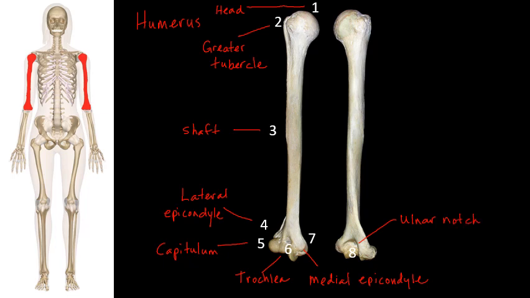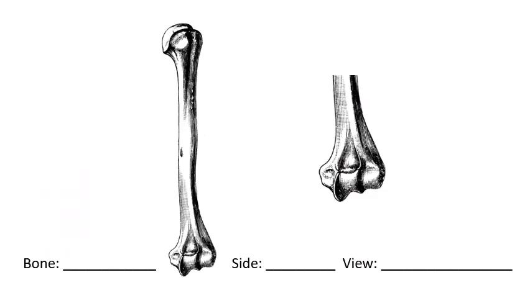Okay, now let's take a look at your slide and see what you came up with as you were working along, and we'll fill that out together. Okay, so we have the head and the greater tubercle, the shaft.